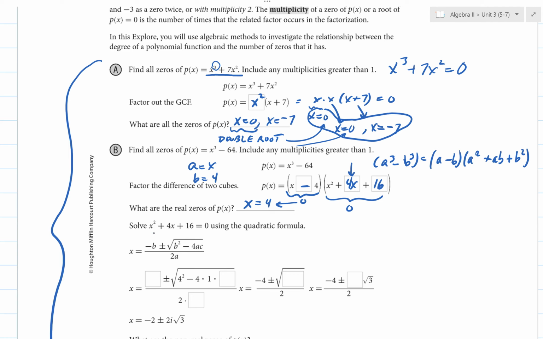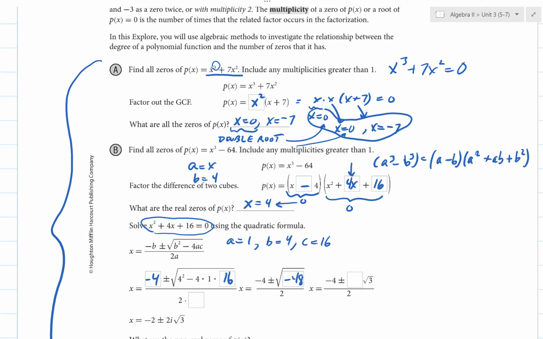And so that's what we have here. We have that same equation. We're setting that factor equal to 0, and then identify a is 1, b is 4, c is 16. And so when we plug all that into the quadratic formula, we get negative b plus or minus the square root of b squared minus 4ac, and that ends up being 16 minus 64.